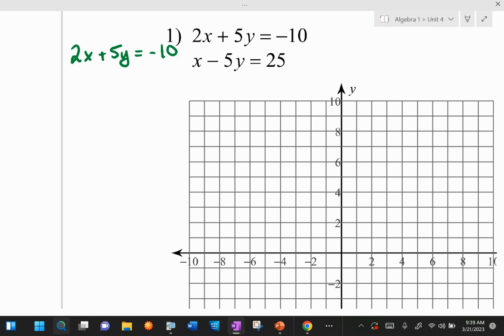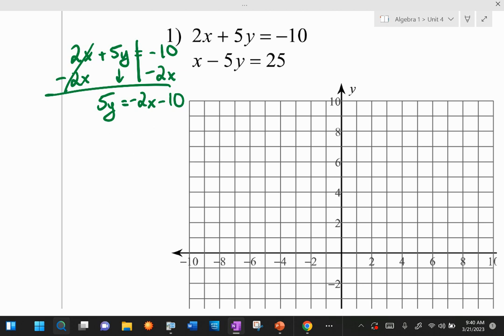Okay, so what's the opposite of a positive 2x? A negative 2x. Okay, what happens to the 2x's on the left? They cancel out. You're going to bring down your 5y. It's going to equal negative 2x minus 10.